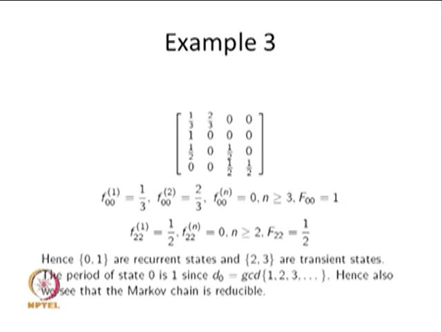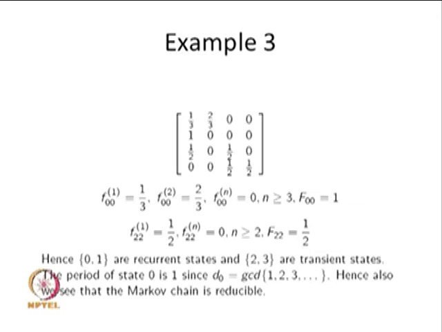Not only 2, all the further steps are also going to be 0, because with some probability it takes only one step to come back, and for all the further steps it is not coming back at all. Therefore, for n greater than or equal to 2, it is going to be 0.